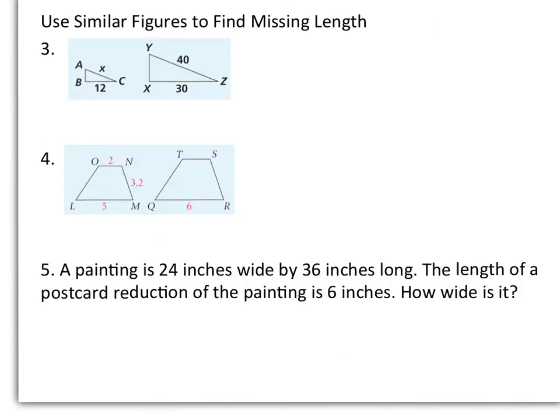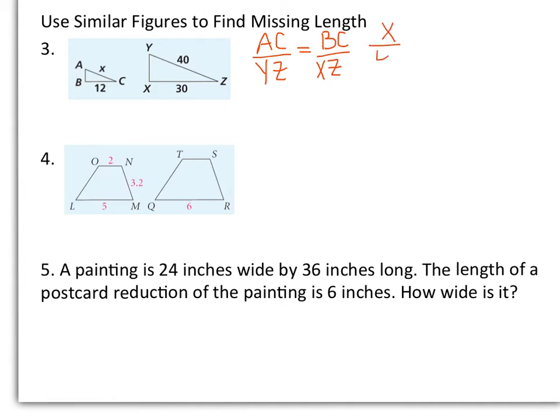We're going to look at some examples where we use similar figures to find missing lengths. And we can set up proportions in order to find our missing sides. So in number 3, I can say that AC is to YZ as BC is to XZ. So let's substitute in our values.